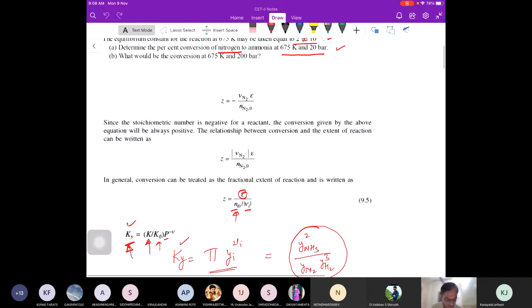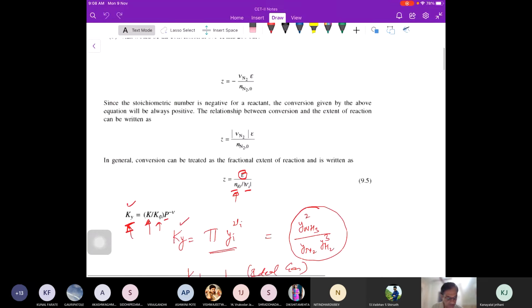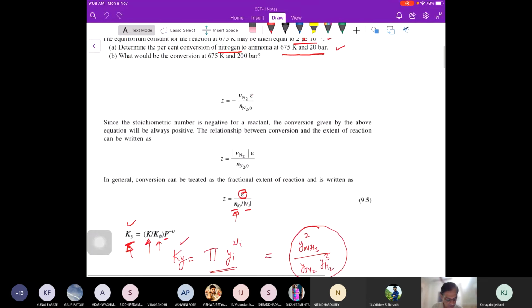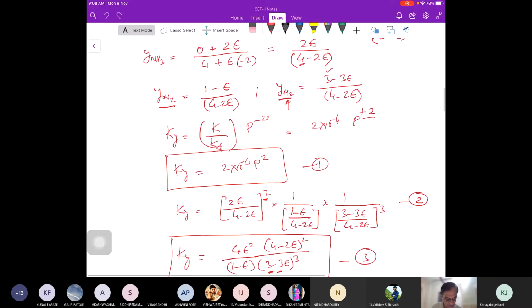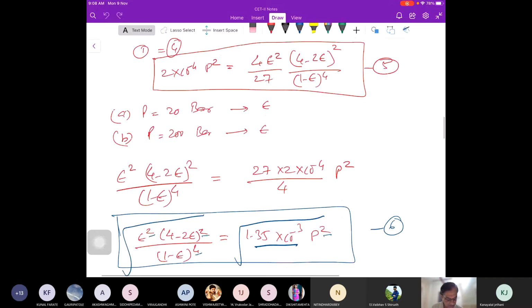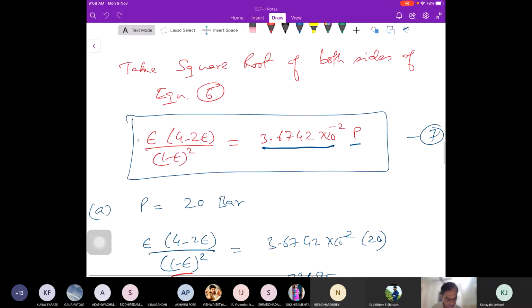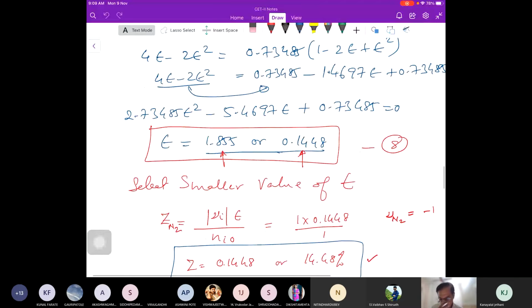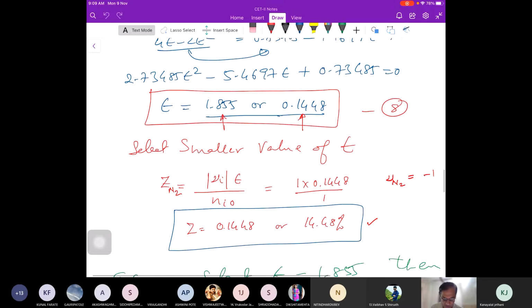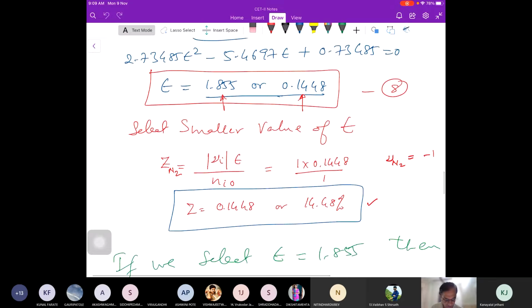Okay, so in this case, this was the first problem we solved, so epsilon values are 2, right? 1.855 and 0.1448. That time I said you should select epsilon less than 1, which is not really a correct way of deciding.